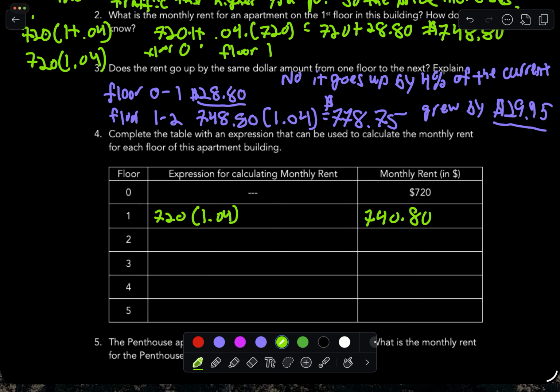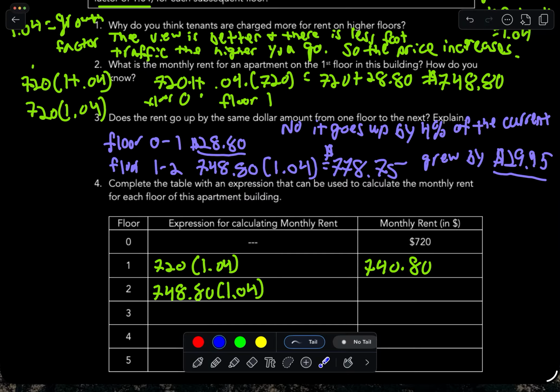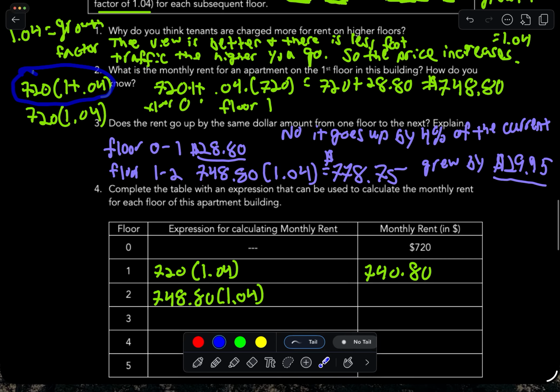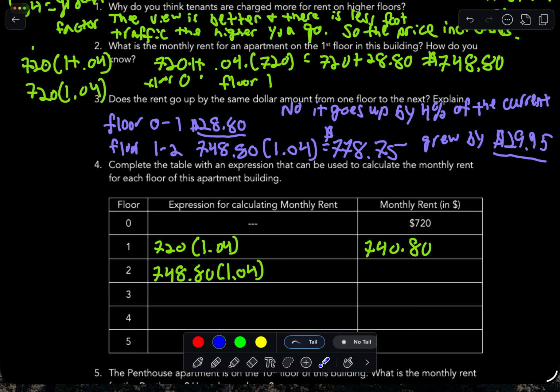And then we're going to take the 748.80, and we're going to multiply it again by the 1.04, which is the growth factor, which incorporates this concept of taking 720 and adding 4% of 720 to it, for the new amount. All right? And that comes out to 778.75.